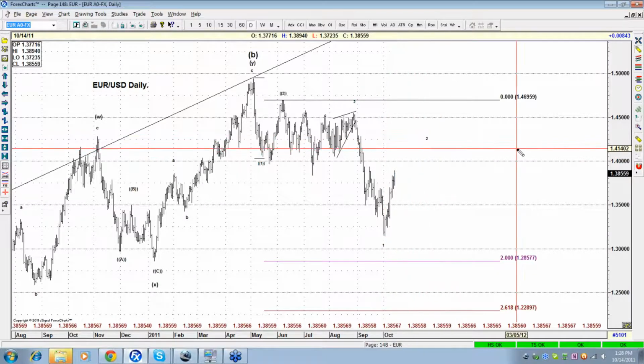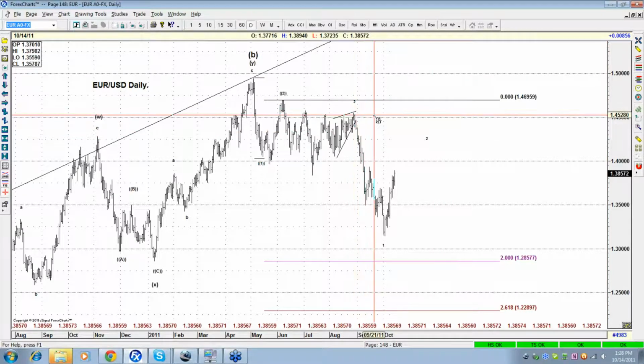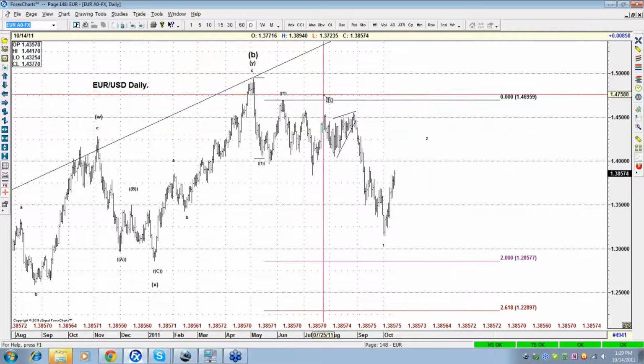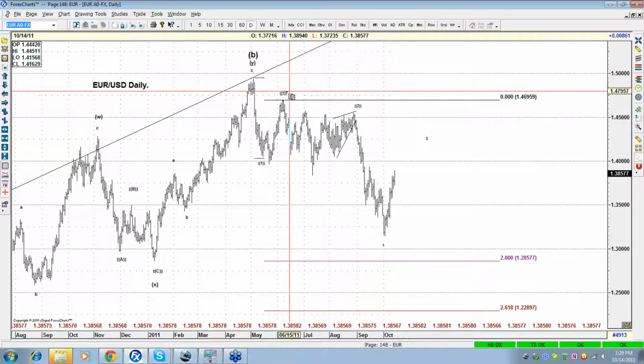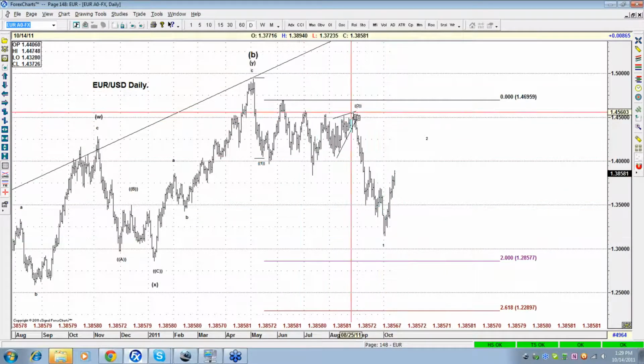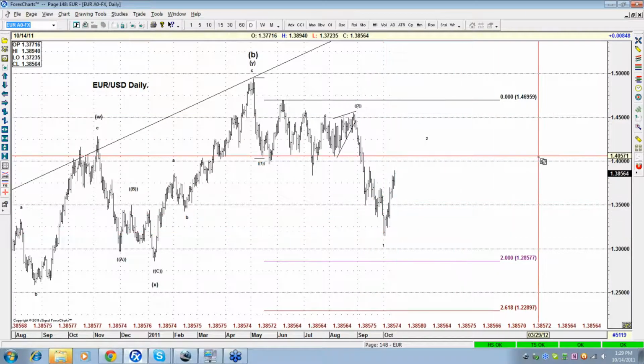Well, I keep with the same bias that we are correcting. This is here. That we are correcting this move that started here. That's what I believe it is doing.